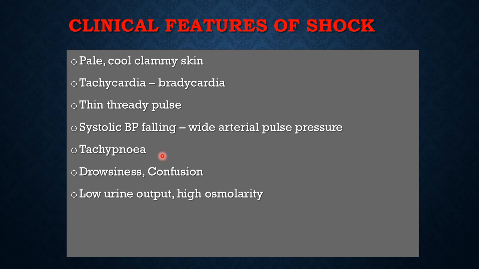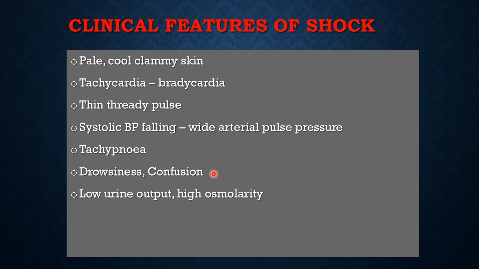Then tachypnea: the patient is hypoxic, the tissues are hypoxemic, and due to anaerobic metabolism the patient is going into metabolic acidosis, and to compensate with respiratory alkalosis and to improve the oxygen saturation of the blood, the patient is tachypneic and the respiratory rate is increased.